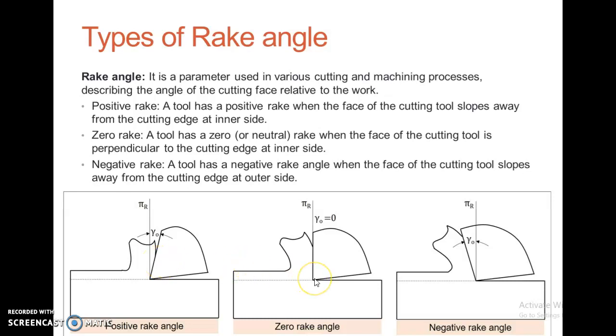Here, what happens to the face? The face is perpendicular to the cutting edge at the inner side. It is called zero rake angle. In negative rake angle, the face slopes away from the cutting edge at the outer side. Okay, it is called negative rake angle.